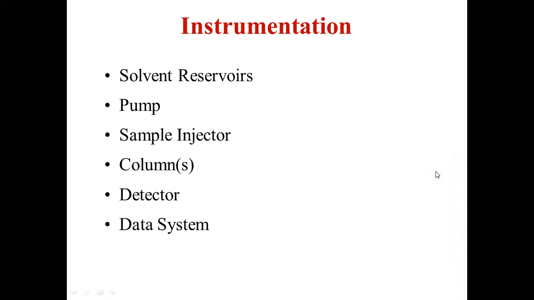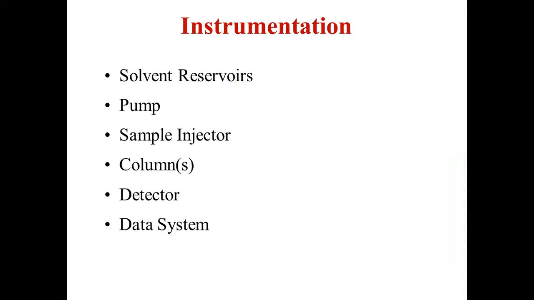Okay. So as we saw the instrumentation components of gas chromatography, the schematic of HPLC or liquid chromatograph is also very, very important. The main component in liquid chromatography, as per the definition we have given, is the liquids.